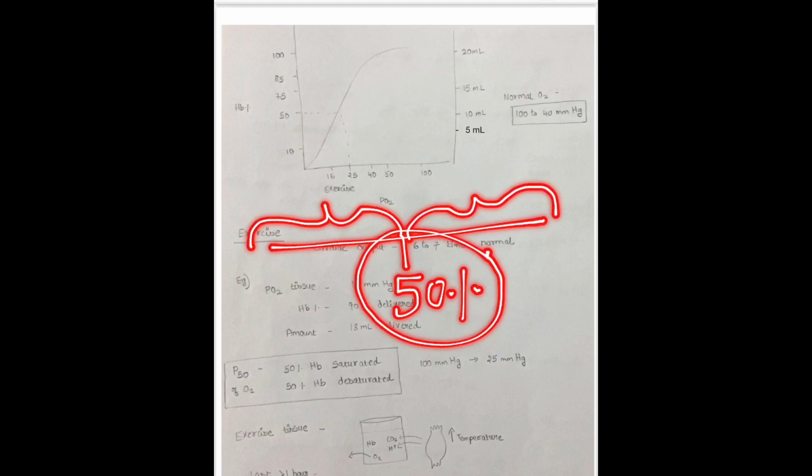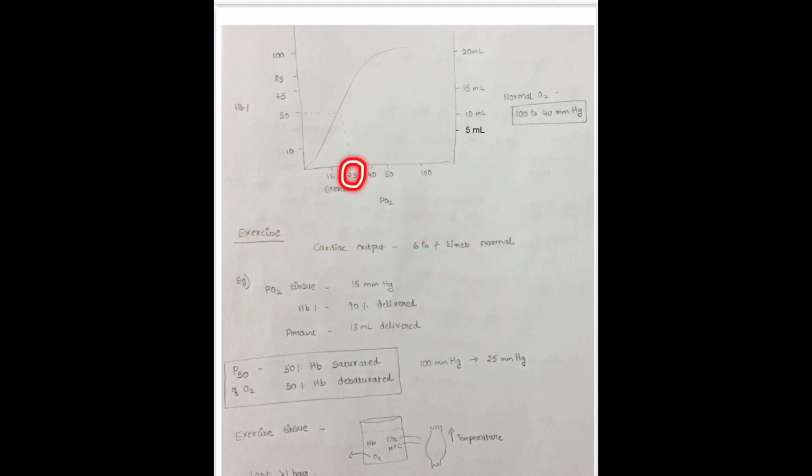The partial pressure of oxygen will decrease to 25 to attain this 50% saturation. When I say 50% saturation, the hemoglobin is 50% saturated and 50% desaturated. So at a partial pressure of 25, the P50 happens.